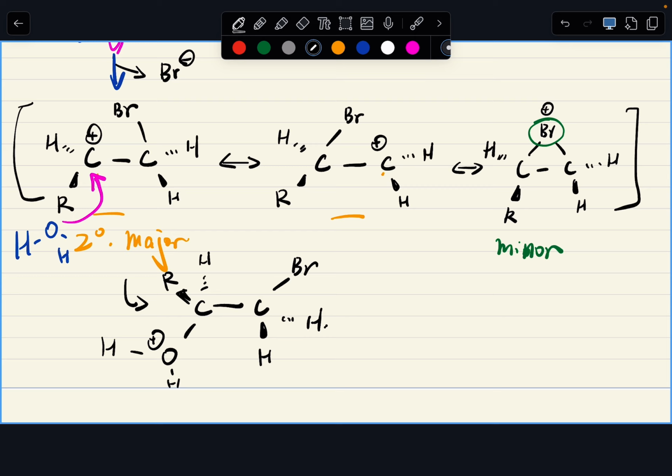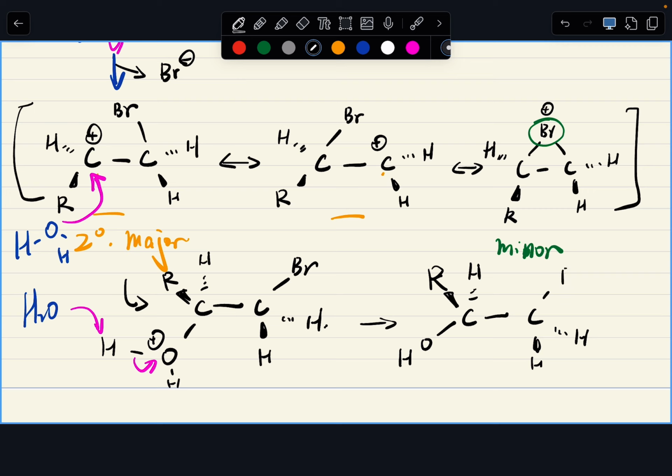And then you can have another water take that proton and form our product, which is OH, R group, hydrogen, carbon, hydrogen, hydrogen, Br. And that's our product, right? So in this whole process, we're adding a Br and an OH onto 2 carbons of my double bond, of my alkene.